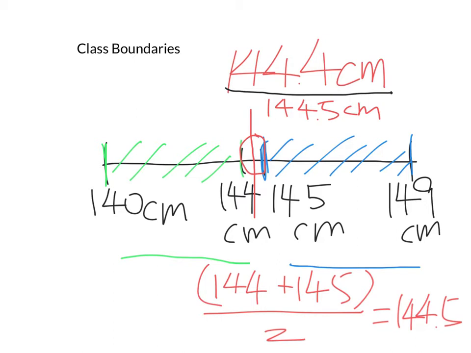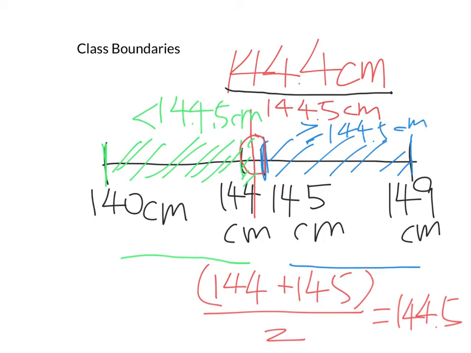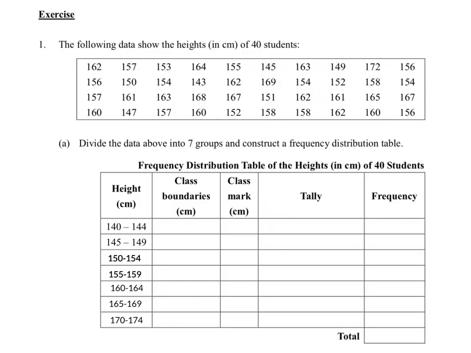So for the number which is smaller than 144.5 cm, it belongs to the green region, so we extend it. For the blue region, we also extend it. So for all the numbers which are greater than or equal to 144.5 cm, they will belong to the blue group. So we extend this part also.